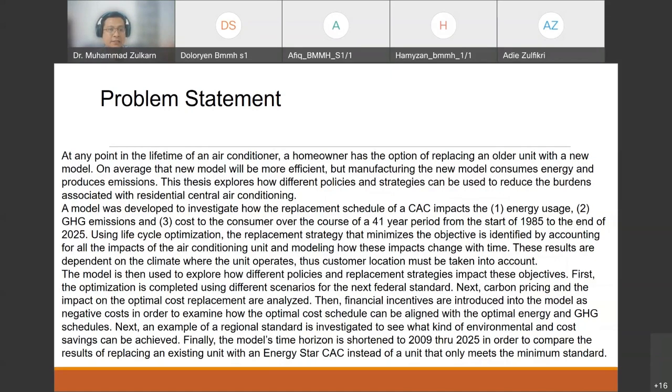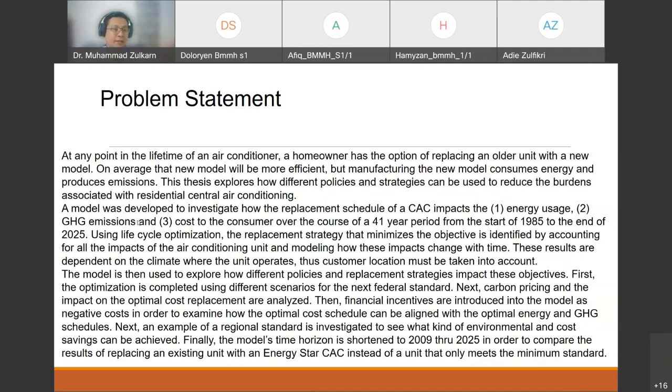This project explores how different policies and strategies can be used to reduce the burden associated with the residential central air conditioner. So your project should mention the strategy to reduce burdens associated with residential central air conditioning.